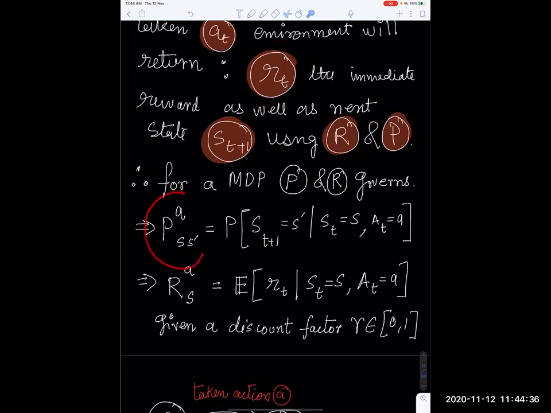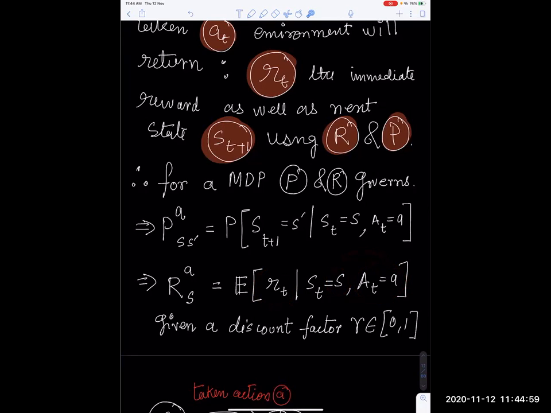The state transition probability: given S and A as the current state and action, what is the probability of going into this state. Similarly, what is the expected reward you get if at this state you take this action.